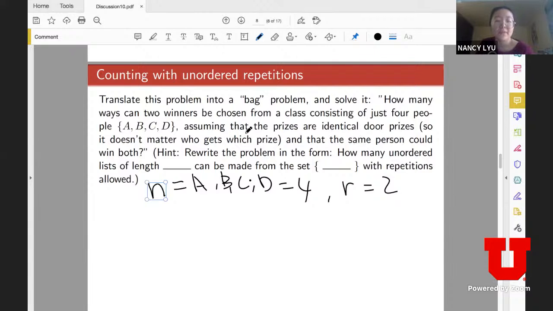Assuming the prizes are identical door prizes, we can have repeats here. We want to rewrite this problem as how many unordered lists of length 2 can be made from the set A, B, C, D with repetition allowed.